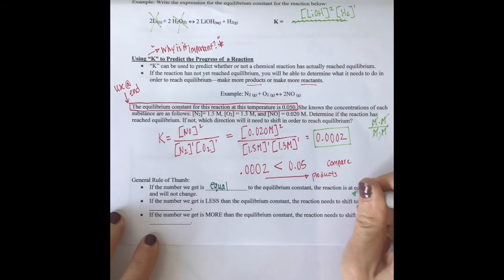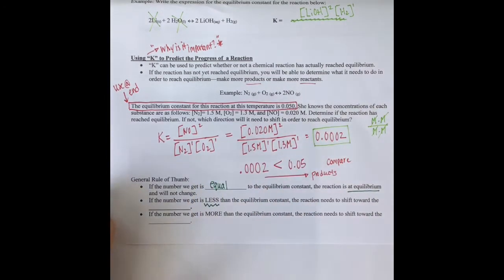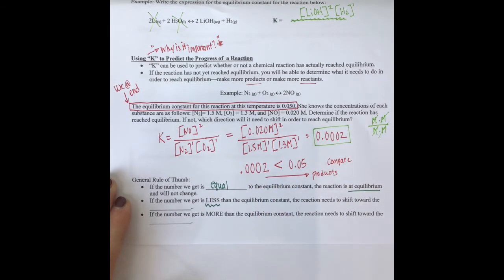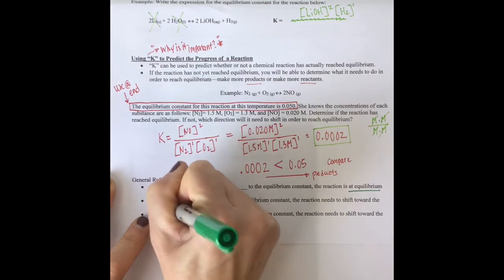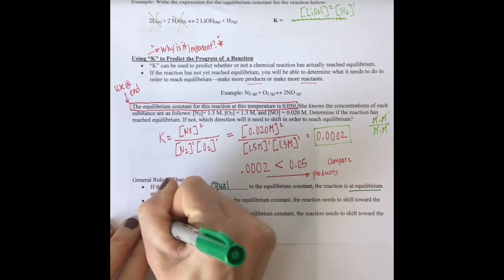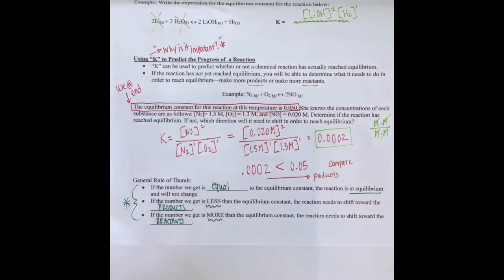The reaction is at equilibrium and you're not going to see a change. If the number we get is less than the equilibrium constant, like in our example, the reaction needs to shift towards the products. And then finally, if the number we get is more than the equilibrium constant, we know that we need to shift the reaction back towards the reactants. Okay, and so those are several rules that you can apply when doing these problems.